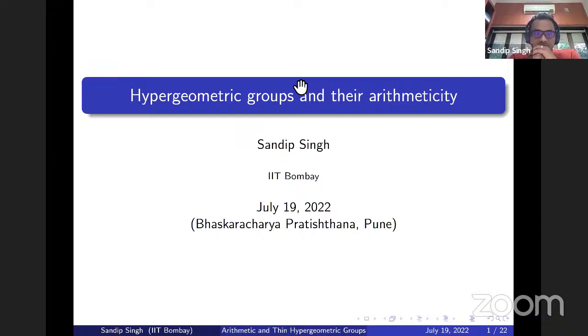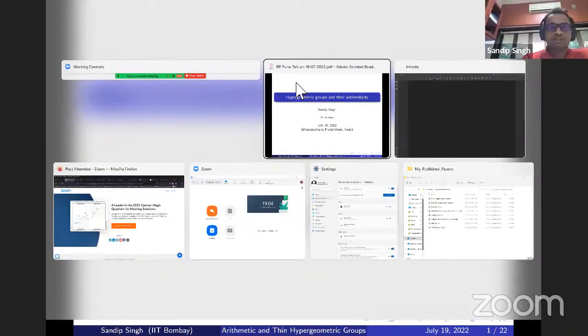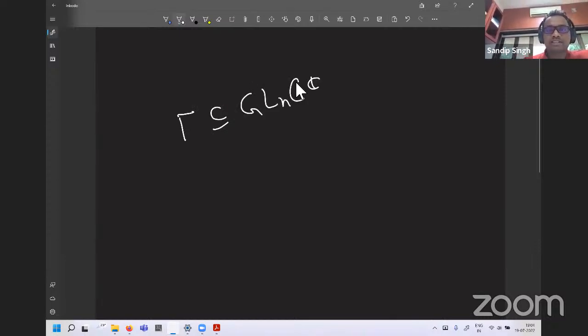Suppose gamma is a hypergeometric group, a subgroup of GL_n(C), associated to some hypergeometric differential equation.